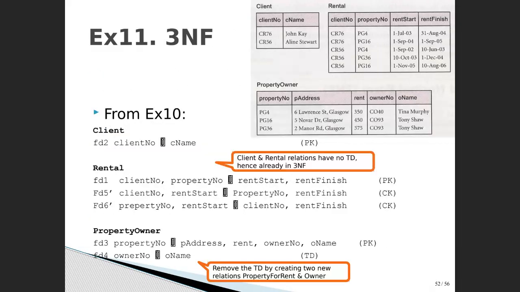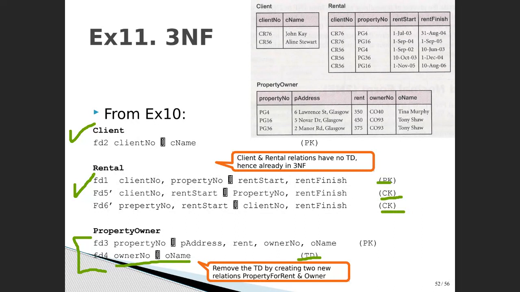So here you can find a client, for example. It's in first, second, and third normal form, because there is no transitive, no partial, no repeating group. This rental also has only a primary key and candidate key, so no partial, no transitive, no repeating groups. Only in the property owner is there a transitive dependency, because it depends on a non-key attribute, so this relation will suffer from update anomalies.